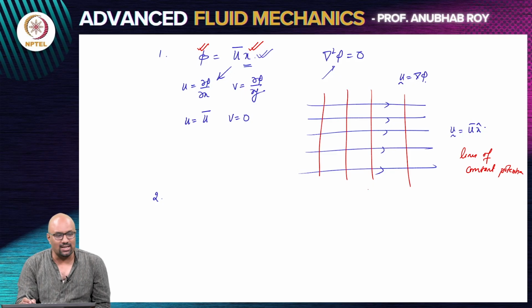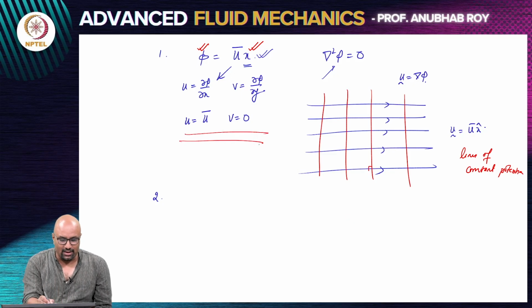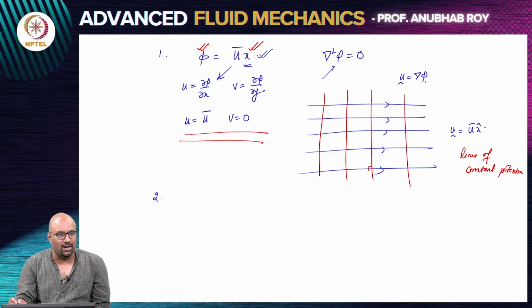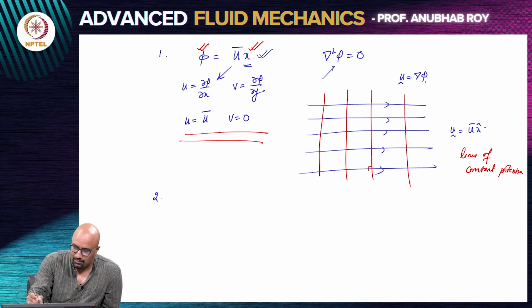So, is it a coincidence that the streamlines and lines of constant phi intersect at 90 degrees? We have already done this kind of problem, right: if u is equal to a constant and v is equal to 0, the streamlines are going to be parallel to the x axis. And here the lines of constant potential are perpendicular to the streamlines. So, is that a coincidence? We can check.